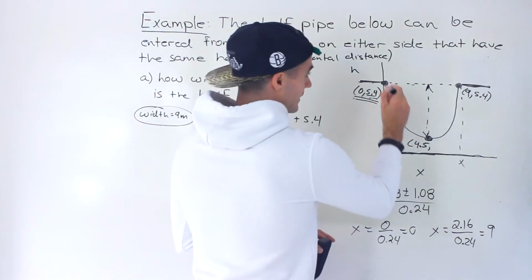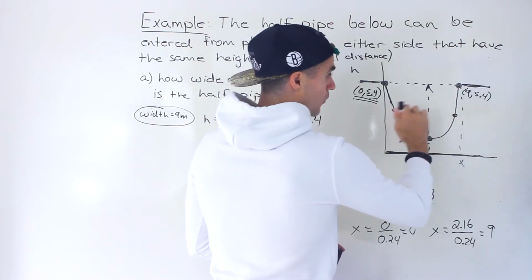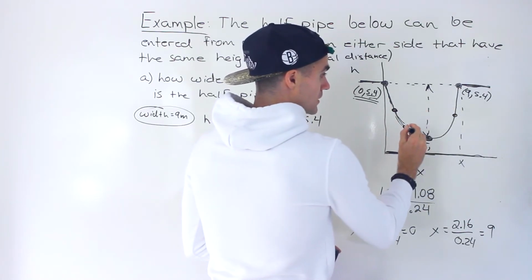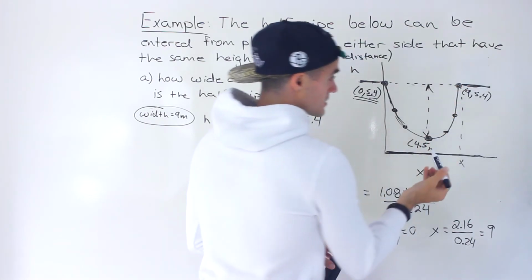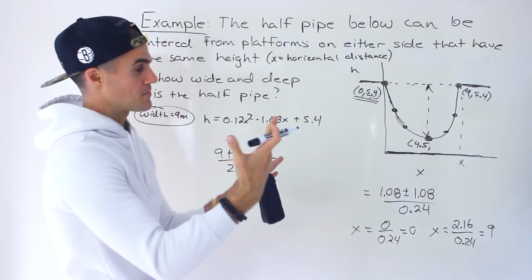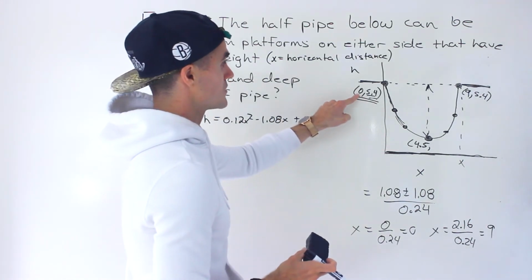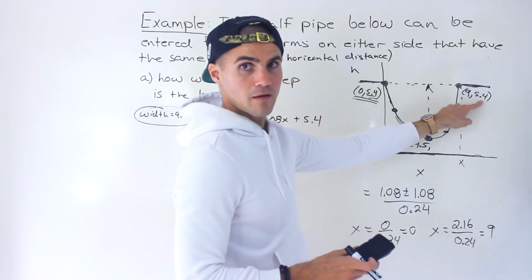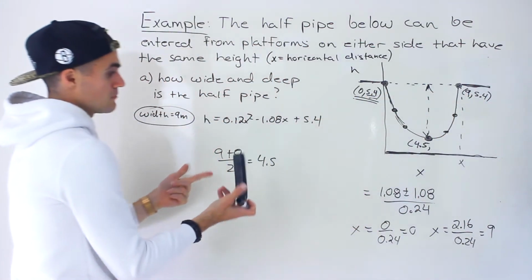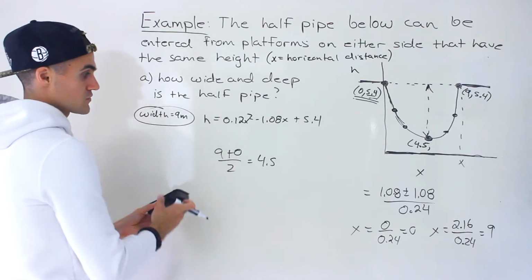But really, you could find the midpoint between any x values that have the same y value. You could pick these 2 points, these 2 points, or these 2 points. The midpoint of each of those pairs is going to give you that axis of symmetry. So because we have the 0 with a y value of 5.4, and a 9 with a y value of 5.4, we could find the midpoint between 9 and 0 to get that axis of symmetry, which is 4.5.